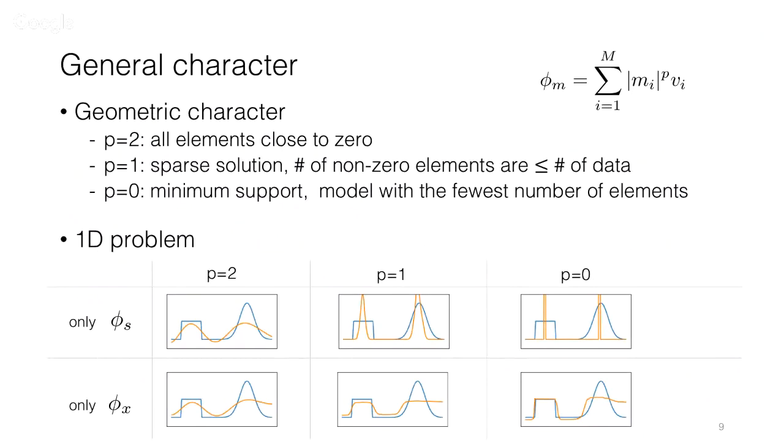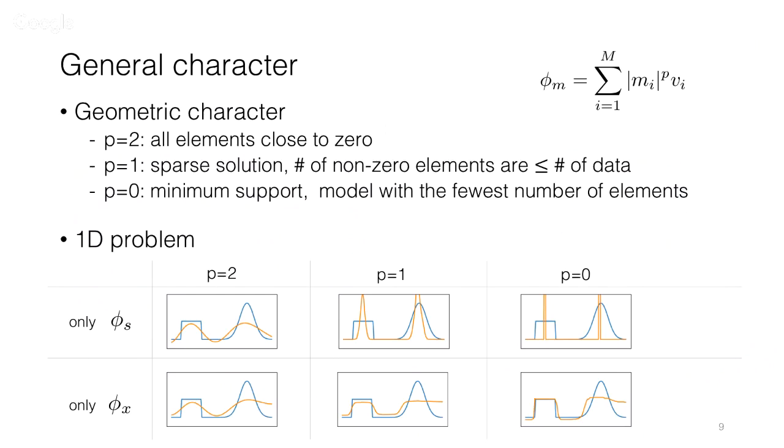The thing about the LP norm is that it changes the character of the model. Let's suppose we're just thinking about the smallest model component here. So here is 5. With the L2 norm, we're basically trying to make everything equal to the reference model or 0, and that just flattens out.